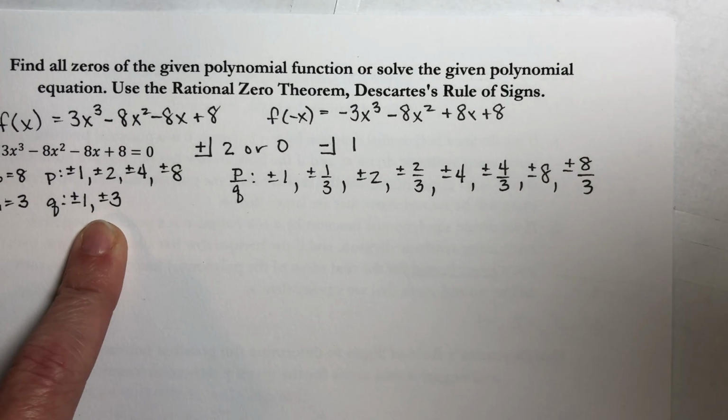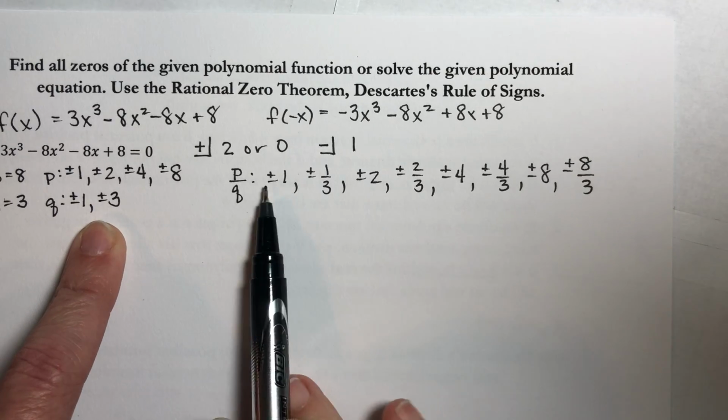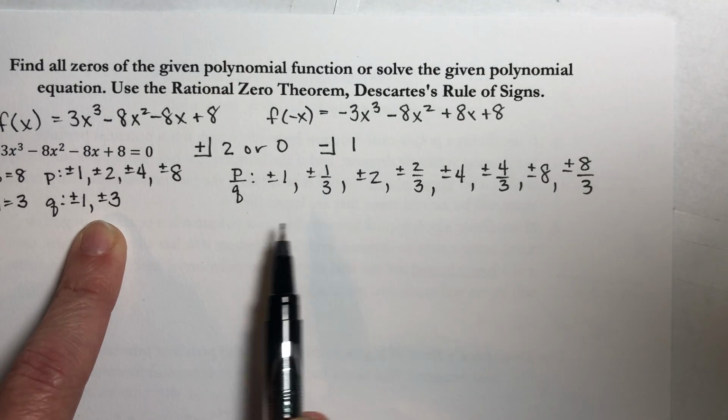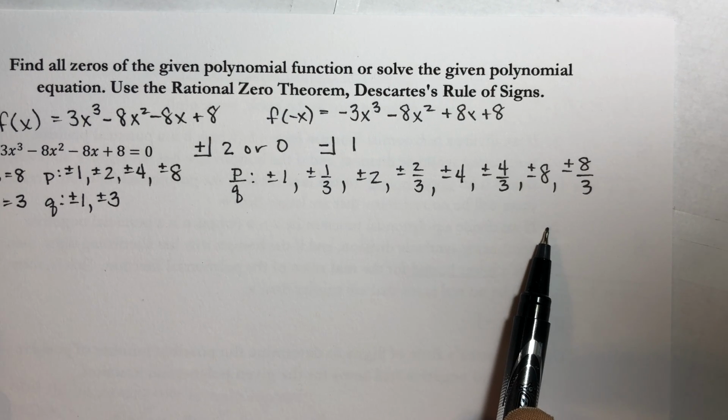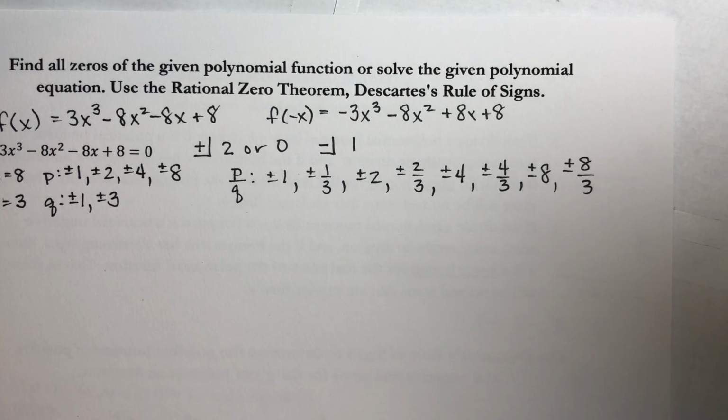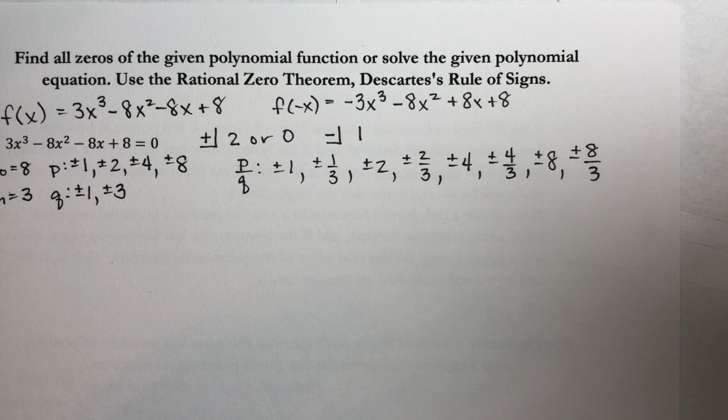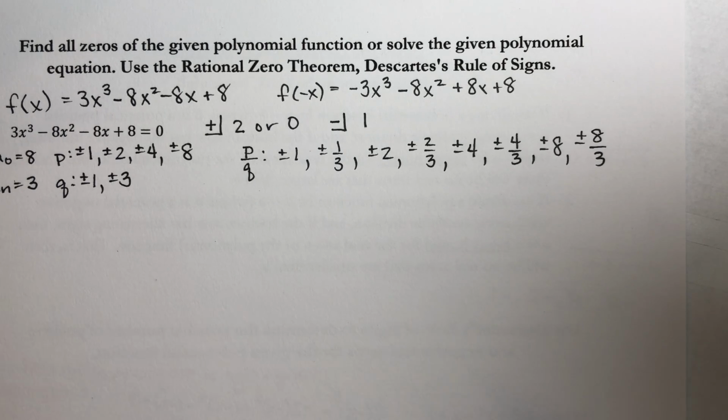So I have a list of how many is this? That's 8 listed, so 16 possible solutions. And that is a lot, but it is still better than having an infinite number of possibilities, which is where we start off. Okay, so let's just start checking.